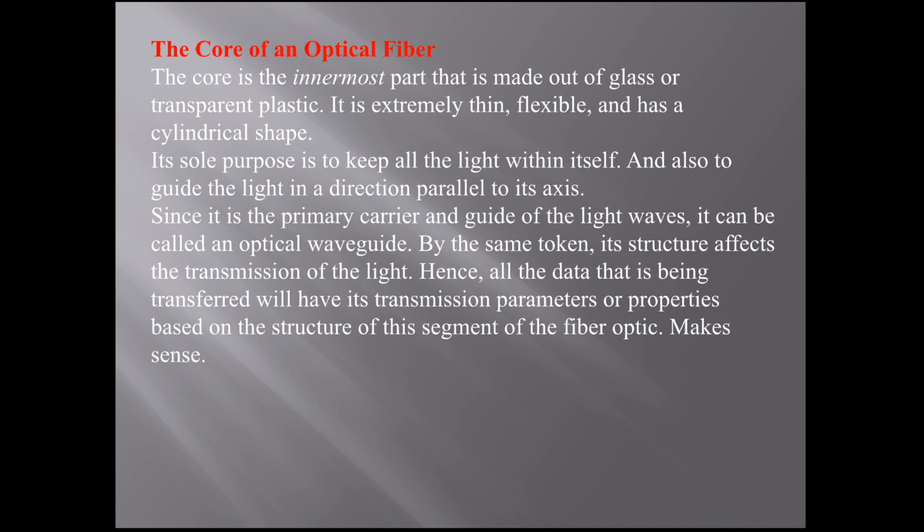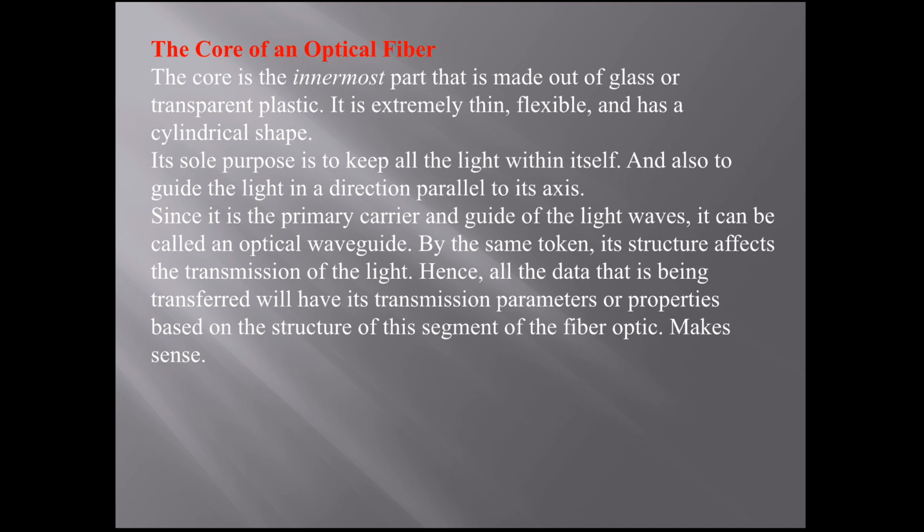Now the details of the core of an optical fiber. The core is the innermost part, made of glass or transparent plastic. It is extremely thin, flexible and has a cylindrical shape. Its sole purpose is to keep all the light within itself and to guide the light in a direction parallel to its axis.